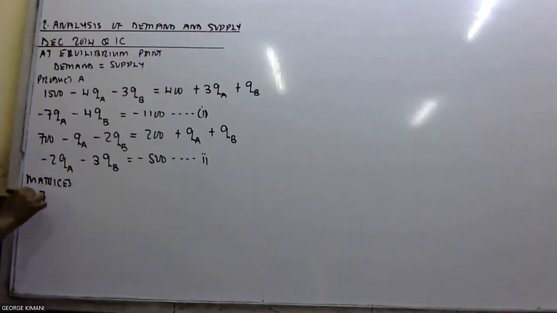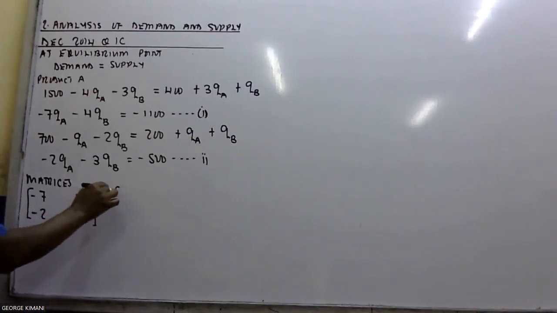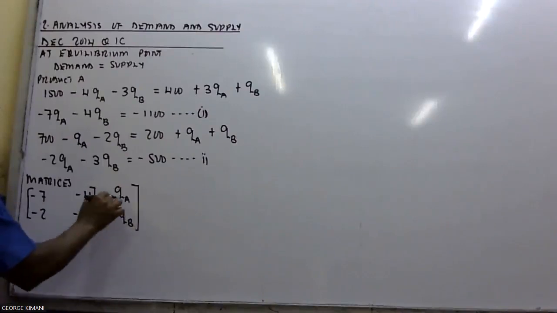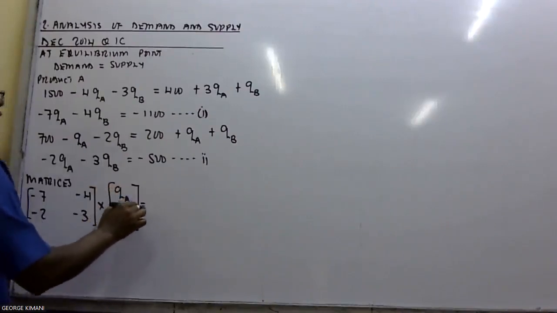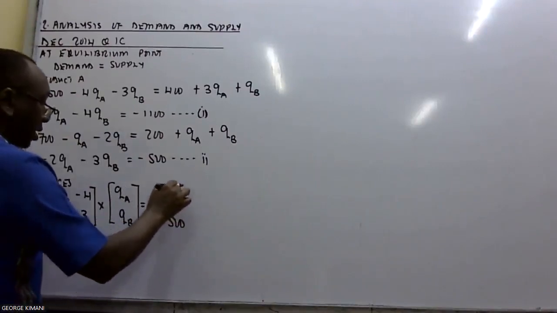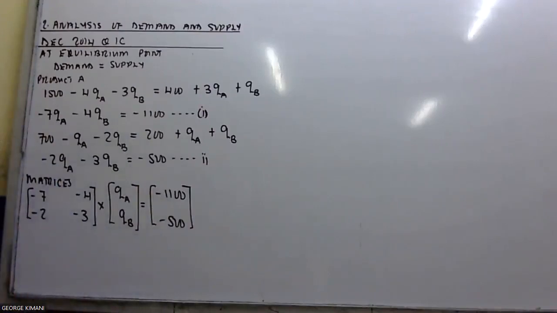Matrices will be minus 7, minus 4, minus 2, and minus 3, multiplied by QA, QB, equals minus 1100, minus 500. Then on solving, we are left with QA, QB.